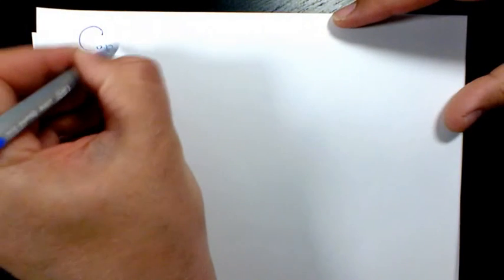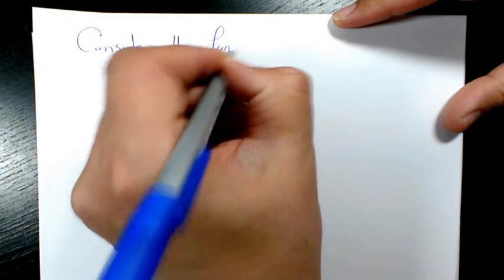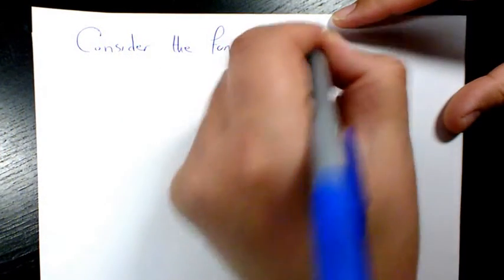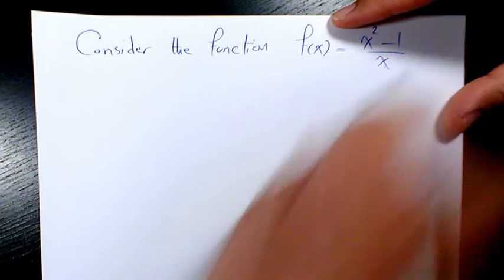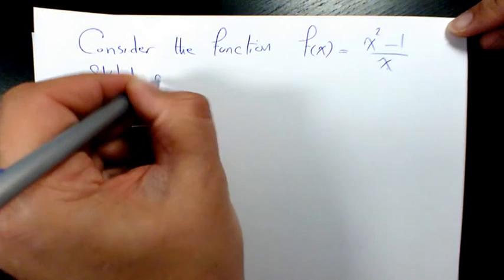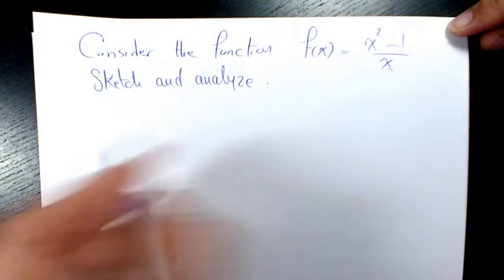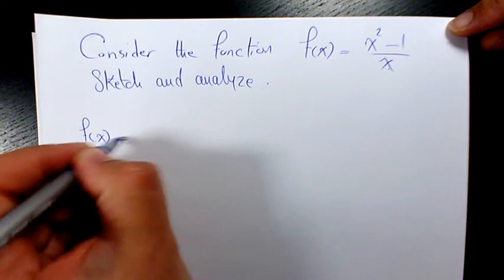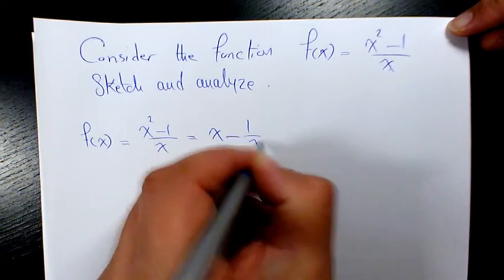I'm going to write it on a new paper. It is saying consider the function f of x, x squared minus 1 over x. Sketch it and analyze. So f of x, x squared minus 1 over x, is going to be x minus 1 over x.